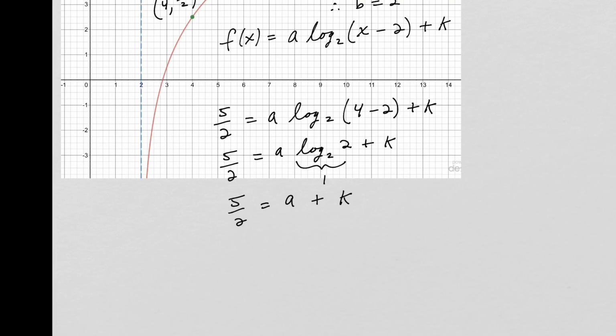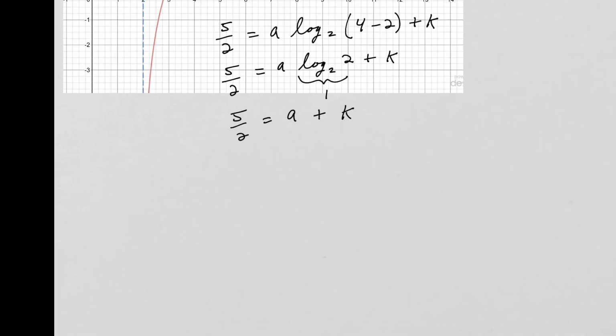Okay, great. Now, let me plug in the second point. So if I plug in 9 halves, that's going to equal a times log base 2 of, remember x is 6, right? 6 minus 2, plus k.